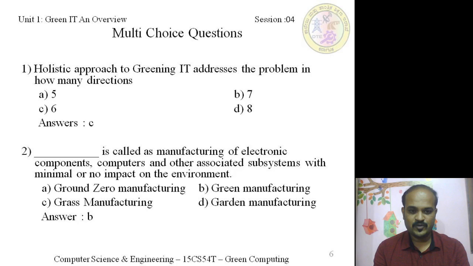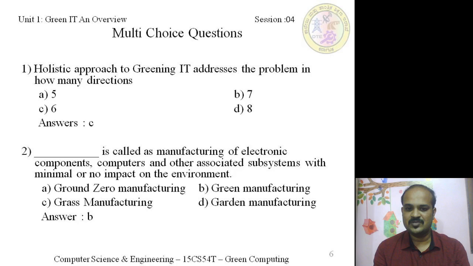So actually the correct answer is green manufacturing, because it is the one which manufactures the electronic components, computers and other associated subsystems with minimal or zero impact on the environment, and that is mentioned in option B, that's green manufacturing. So that's why the correct answer is B.